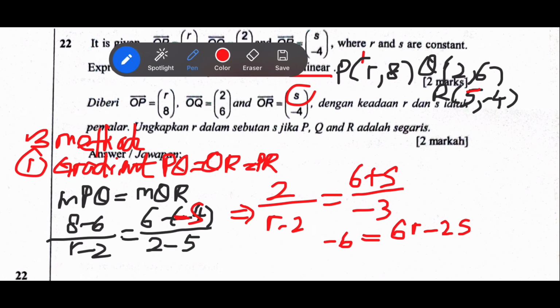So we take 8 minus 6 over r minus 2 equal to 6 minus negative 4, be careful, over 2 minus s, and then we solve the equation. The question wants you to express r in terms of s, so you have to follow the instruction of the question. You rearrange the equation and express r in terms of s.